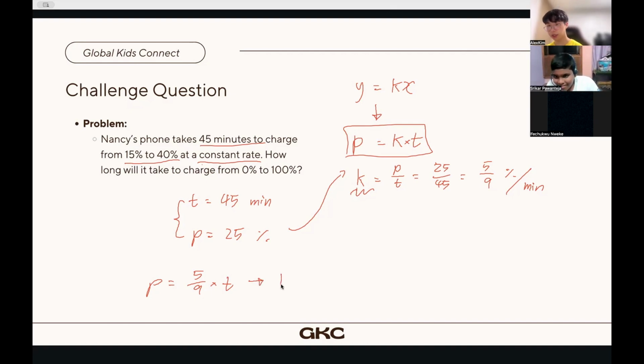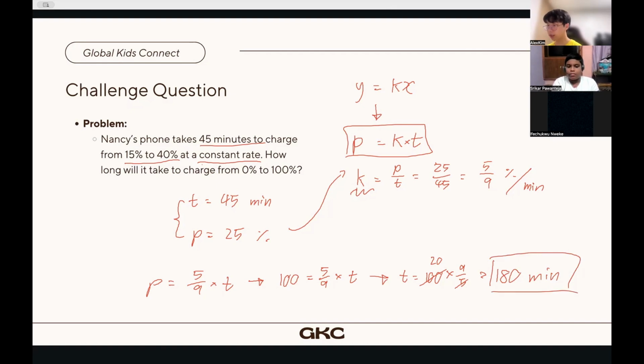So we replace p with 100 equals 5 over 9 times t. And so we can isolate t to get t equals 100 times 9 over 5. So we can divide by 5 to get 20 times 9 is equal to 180 minutes. And so our final answer will be that to charge from 0 to 100%, it will take 180 minutes.